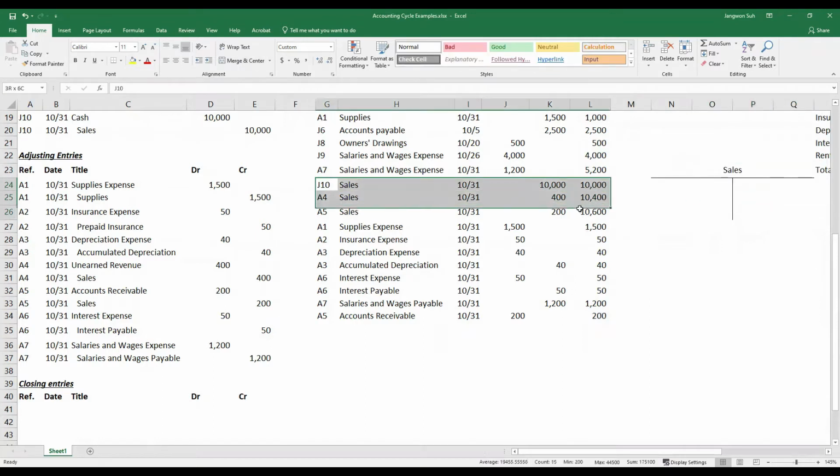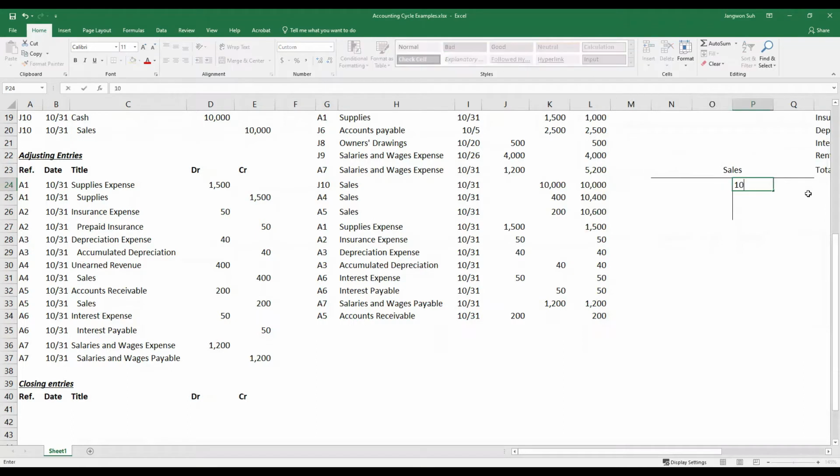Currently, what this tabular form of general ledger says is, if we use the T accounts, it is something like you have 10,400 and 200. As a result, your ending balance is 10,600, right? This is what you have.